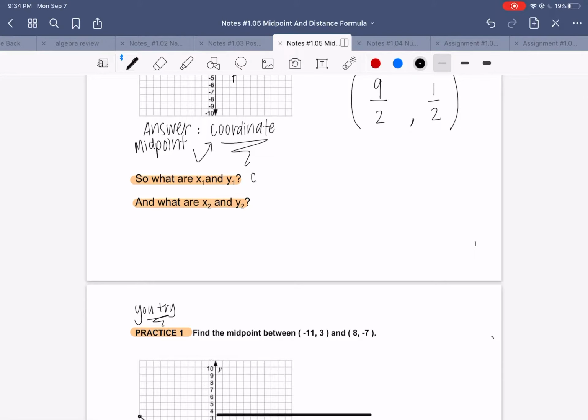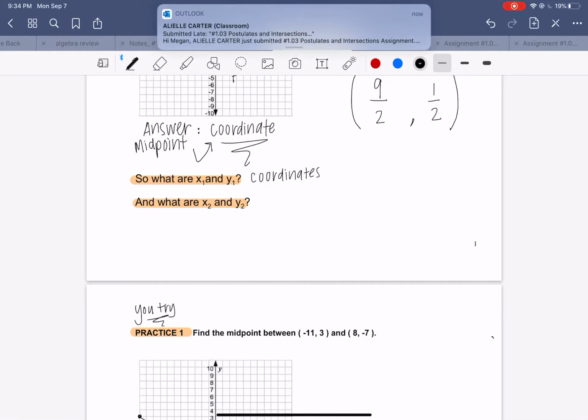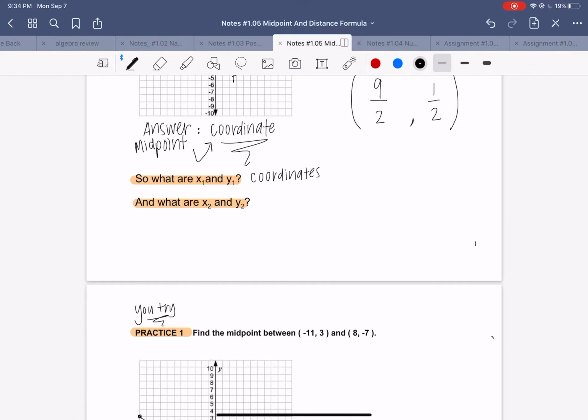It's the coordinates of your first endpoint. X2 and y2 are the coordinates of your second set of endpoints.